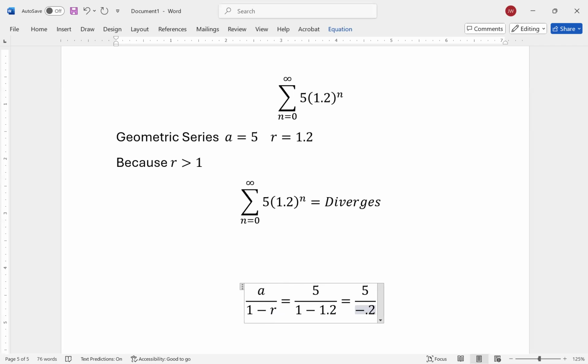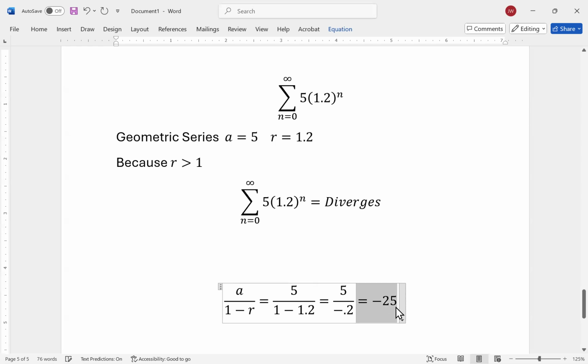And so you get a negative number that is specifically negative 25, which shouldn't make sense because you're adding up a bunch of positive numbers and it's adding up to a negative number. Again, that wouldn't make sense.